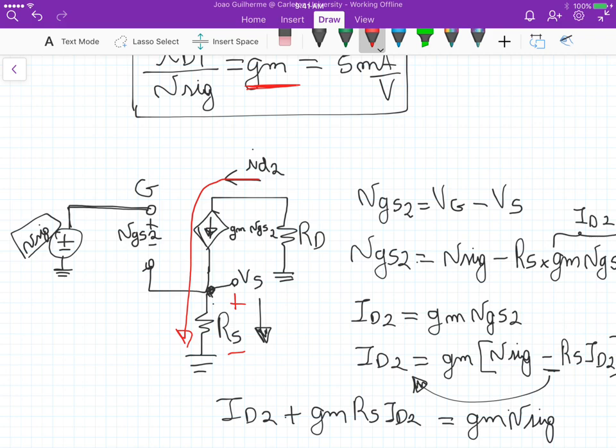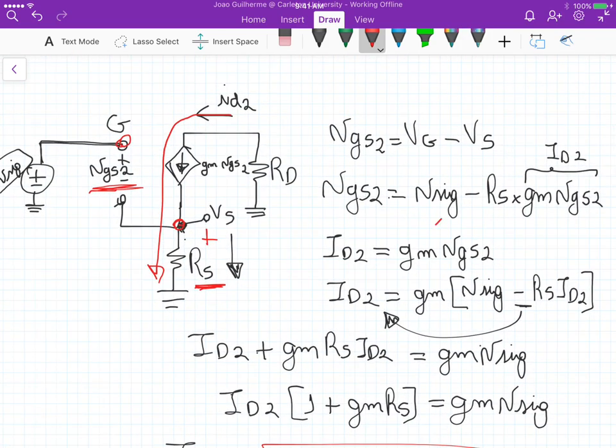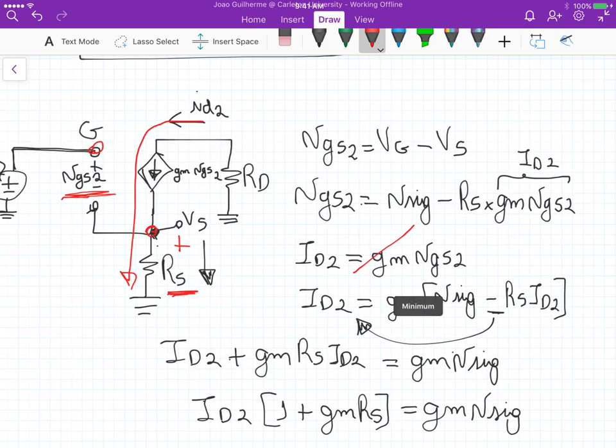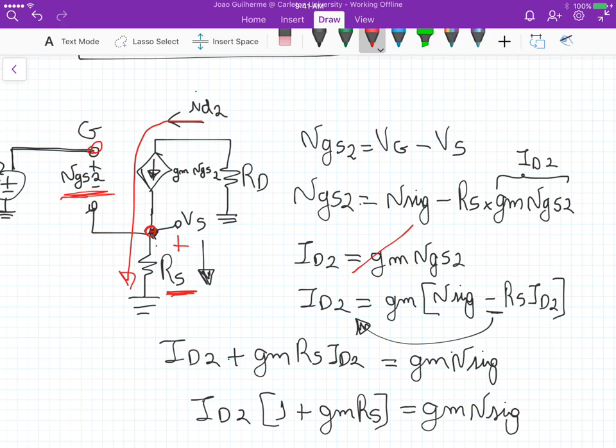Now, once we inserted this RS, we changed VGS, because VGS is the potential difference between VG and VS. In the previous circuit it was 0 because the source was grounded. Now it's no longer 0. We have a substantial VS that equals ID2 times RS. So VGS2 is VG minus VS, where VG is the signal and VS is RS times ID2.